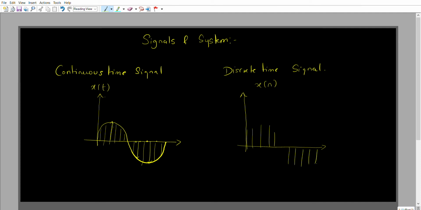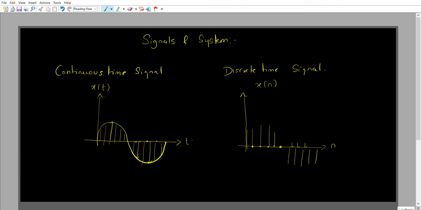If I take a point here there is no signal, but at these points the signal is there. The signal is not there at every given point of time; it appears only at distinct time values. Such a signal is called a discrete time signal.